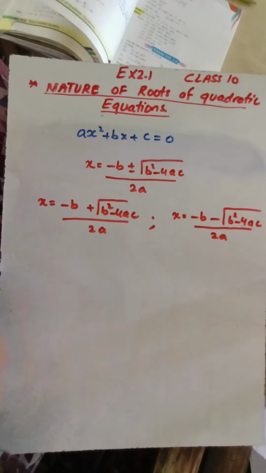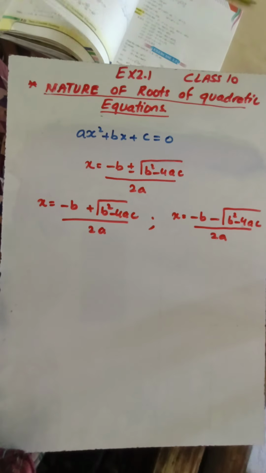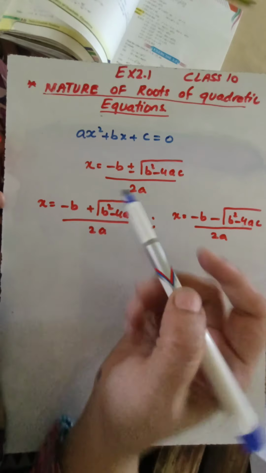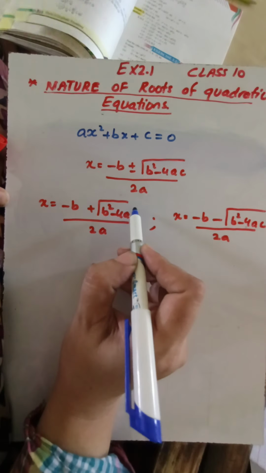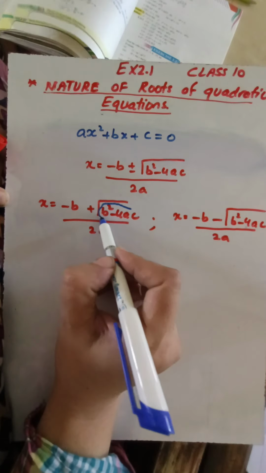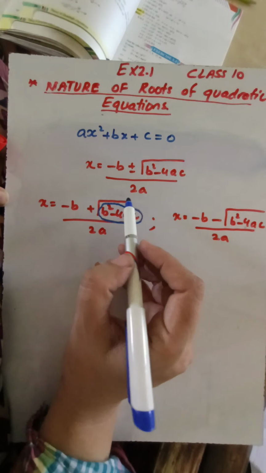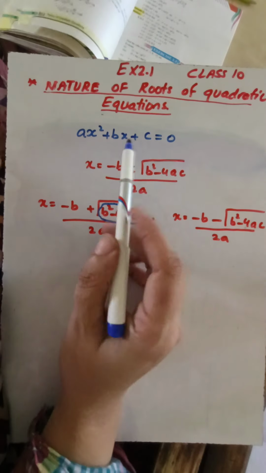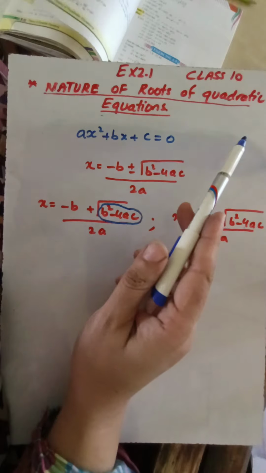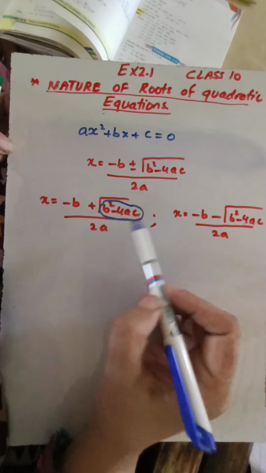Now the nature of the roots or the properties of the roots depends upon this factor which is under the radical sign. Okay, this is the factor which affects the nature of the roots or solutions of the quadratic equation. We will see it in a minute.